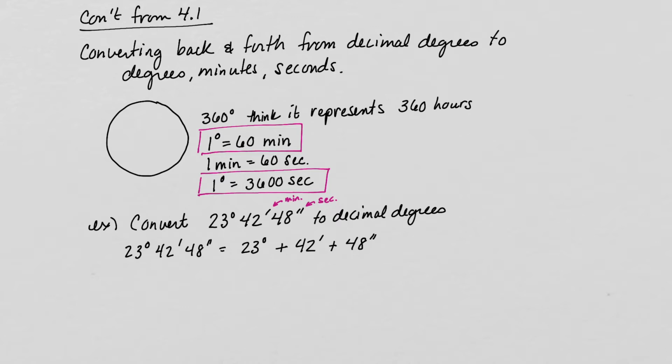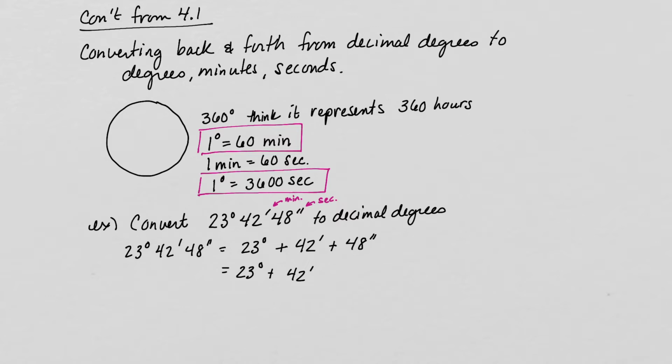Then I'm going to convert these two pieces. This is going to become 23 degrees plus, and I want this middle piece to become degrees. So I'm going to use the fact that 1 degree is the same as 60 minutes. This little symbol here is saying minutes.